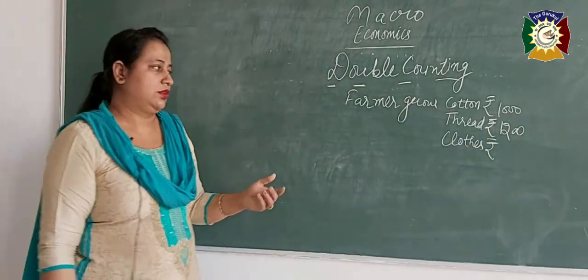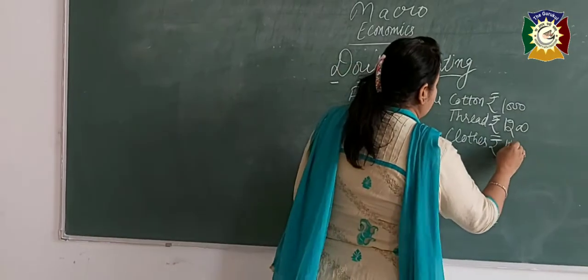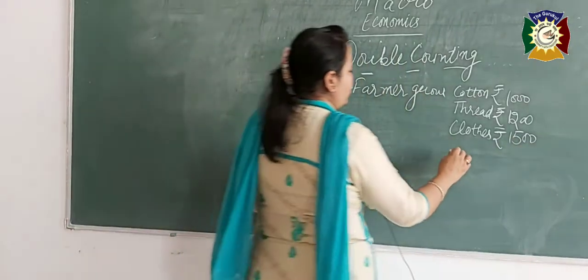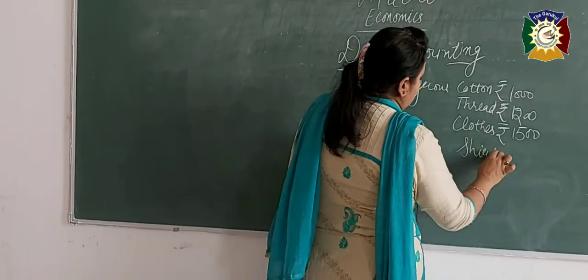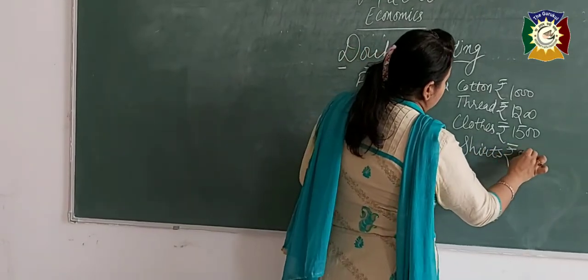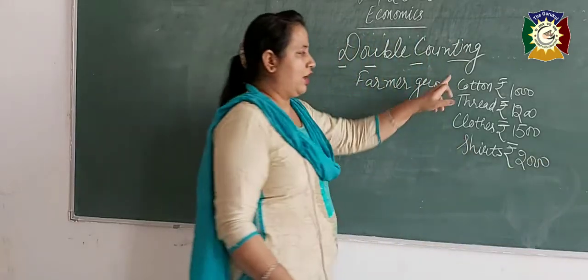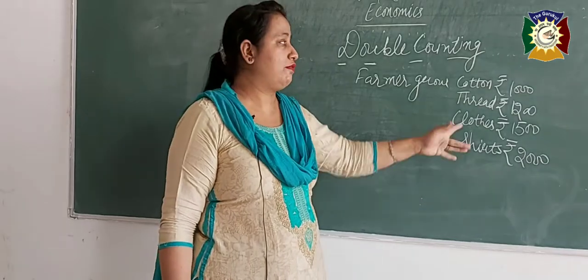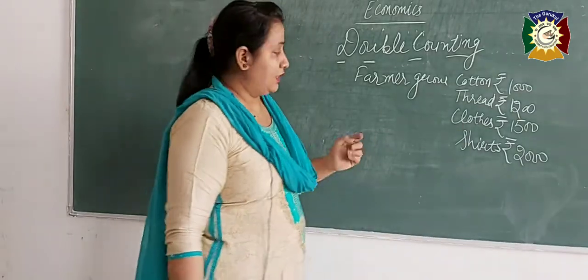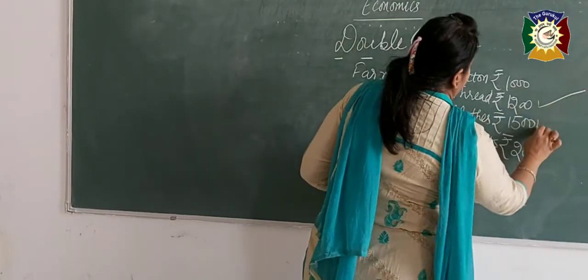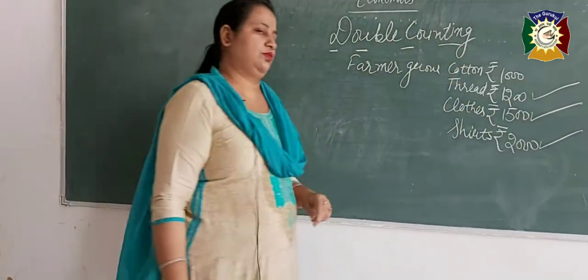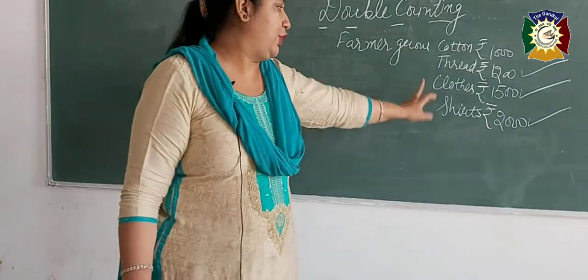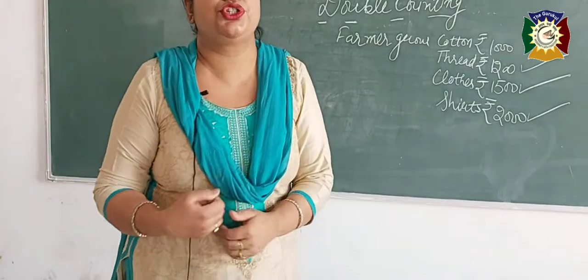Value increased, that is 1500. And last is shirts, rupees 2000. That cotton is included in every place. It means the problem of double counting. That cotton is included here also, here also, here also, because cotton is converted into thread, thread into clothes, clothes into shirt.